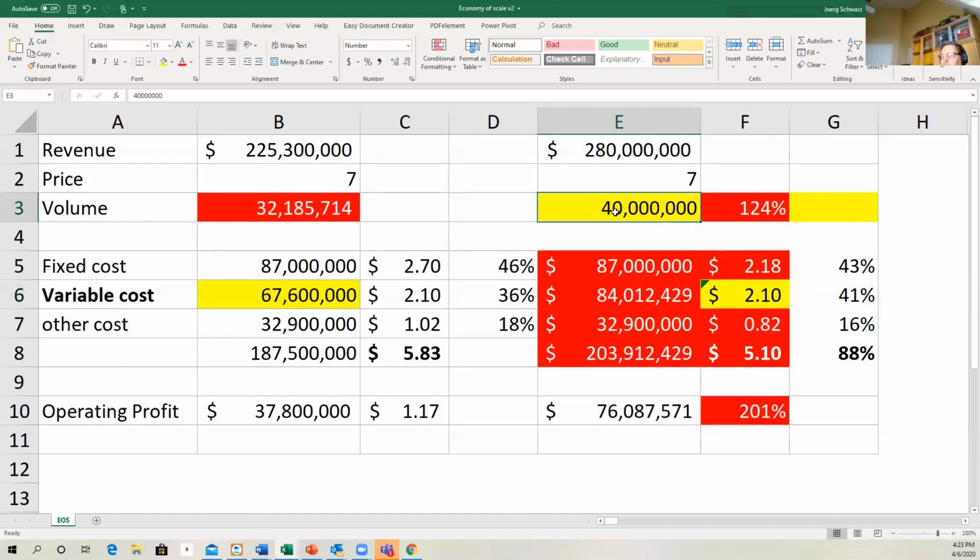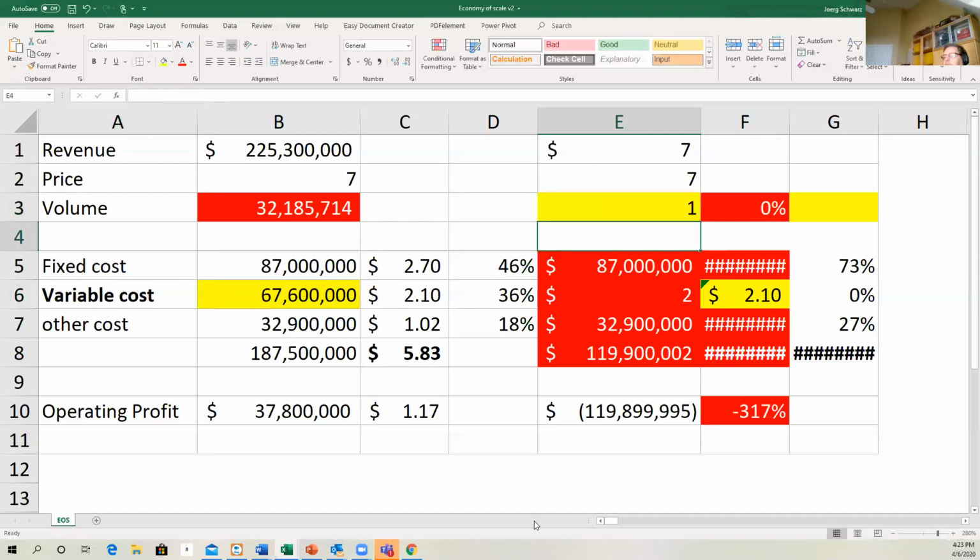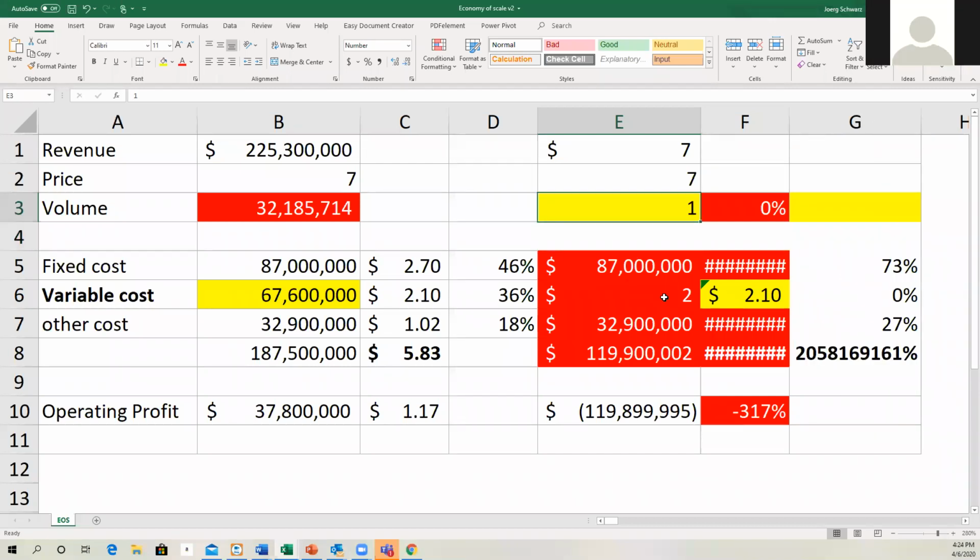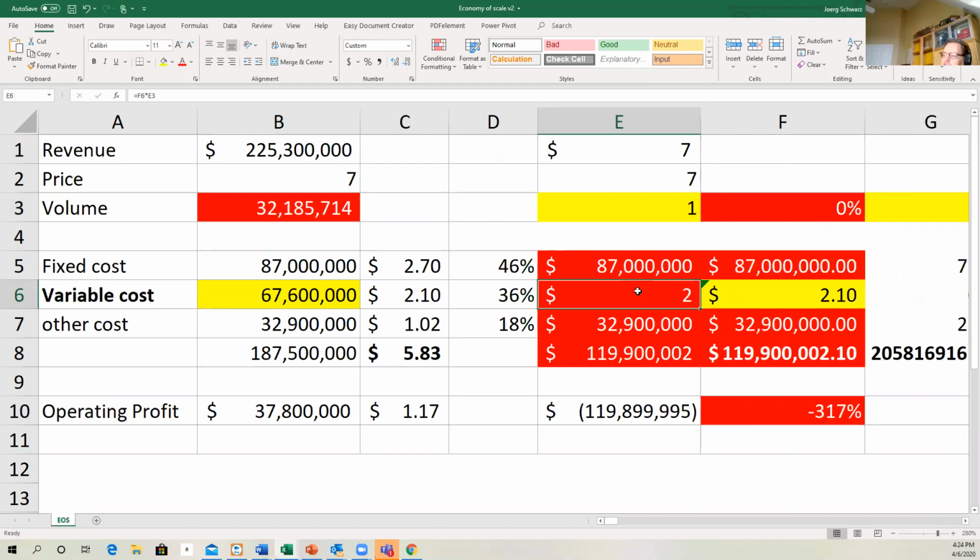If I produce one unit, you will see here that my formula explodes a little bit. And you see that my variable cost is $2.10. You see that my fixed cost explodes, etc., etc. But my variable cost is still at $1.10.